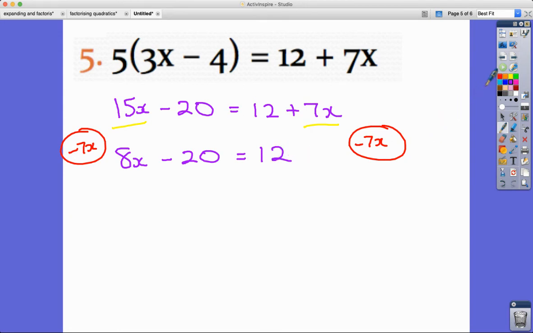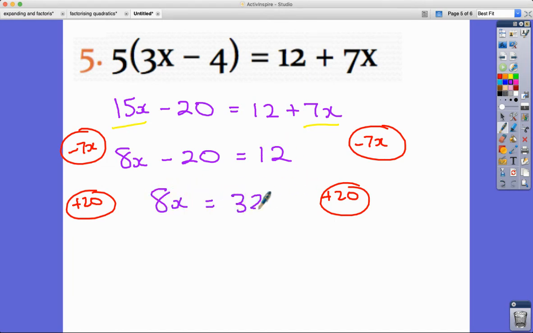Okay, at this point now, we've got minus 20, I'm going to add 20 to both sides to get that 8x term on its own. So I've got 8x equal to 12 plus 20, which is 32. And the last step we've got now is to divide by 8. And so what we get is x equal to 32 divided by 8, which is 4.